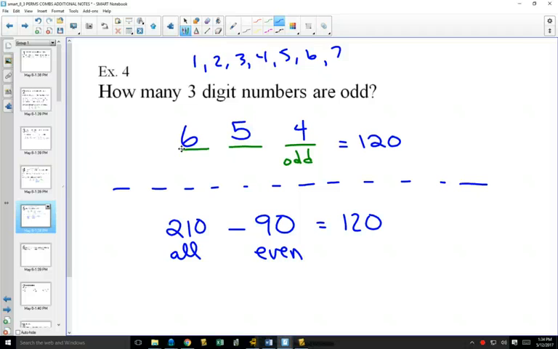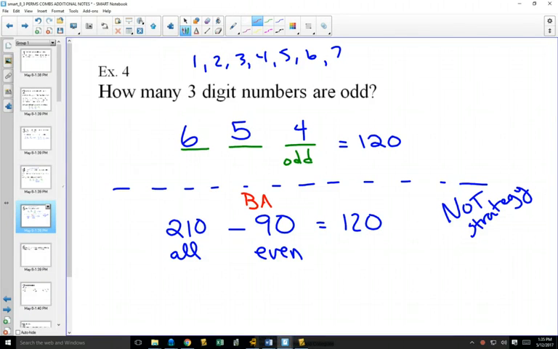Now, I'm going to call this another strategy because we're going to use it later quite a bit. It's called the not strategy is what I call it. Because you count what you're not supposed to, right? We weren't supposed to count the even ones. This question says count the odd ones.